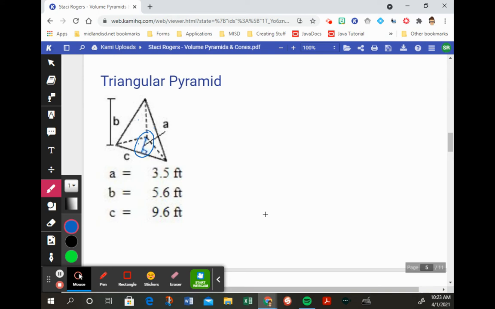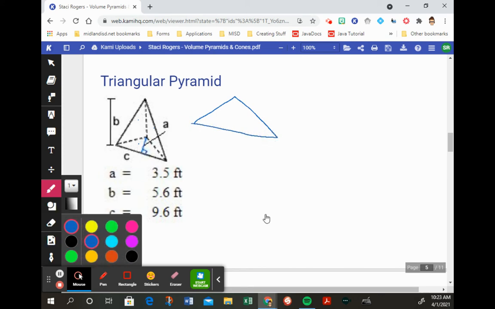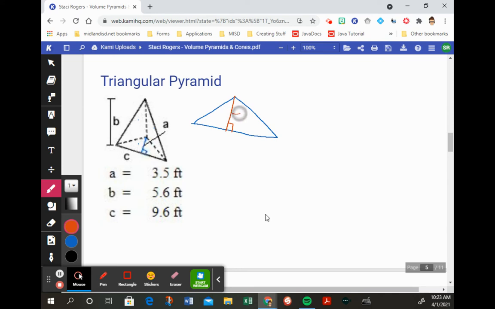That's indicating the height of the triangle. So what I'm going to do is I'm going to redraw that triangle and label this part right here. Draw it with the right angle. That is A. And then the bottom part is C.